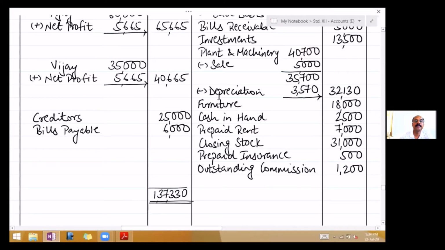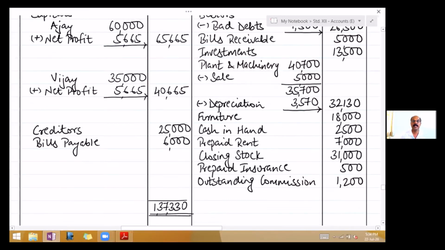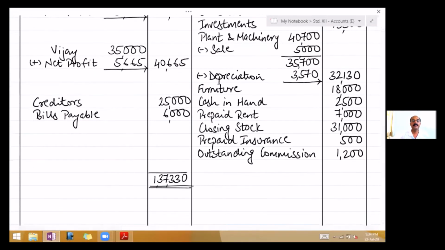Asset side: 26,500 plus 5,000 plus 13,500 plus 32,130 plus 18,000 plus 2,500 plus 7,000 plus 31,000 plus 500 plus 1,200. Does it come to 137,330? Yes, sir.